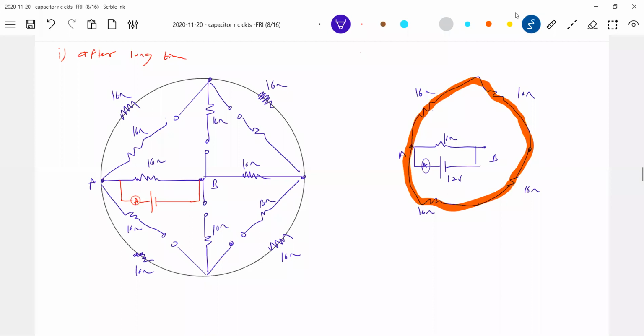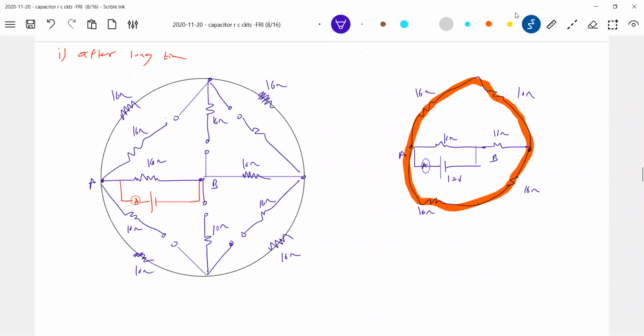Sir, there is one more resistor, sir. 16 ohm, no? Will there be any flow of current? There's one more, no? Between B and this. Okay, I connected it. Yeah, thank you.